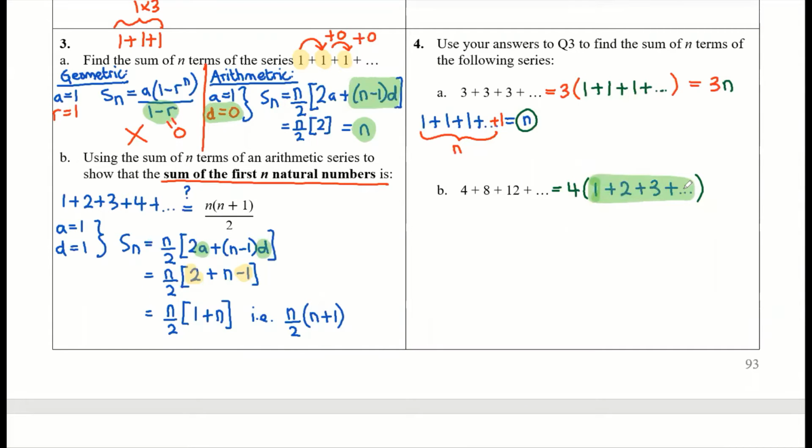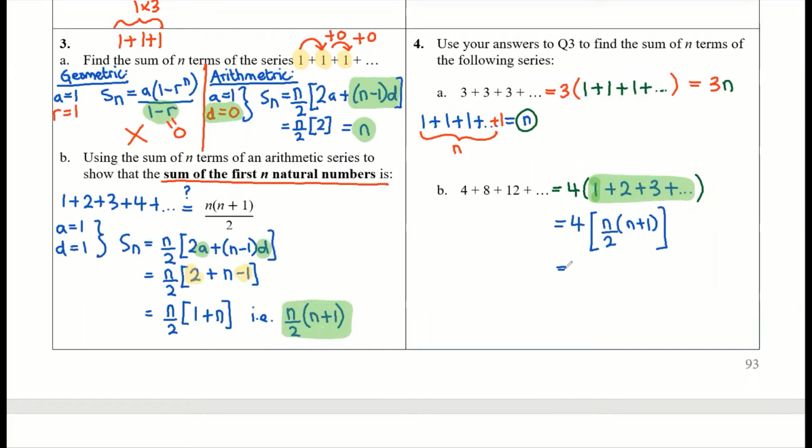It's here. We've just proved it. So I can replace 1 plus 2 plus 3, etc. with n over 2 multiplied by n plus 1. Let's do that. So this is going to equal 4 multiplied by n over 2 multiplied by n plus 1. Close that.